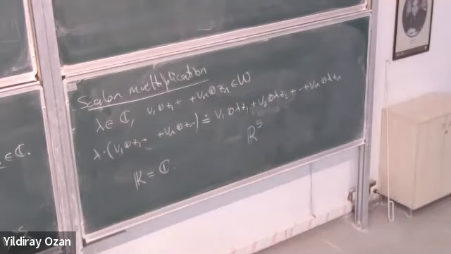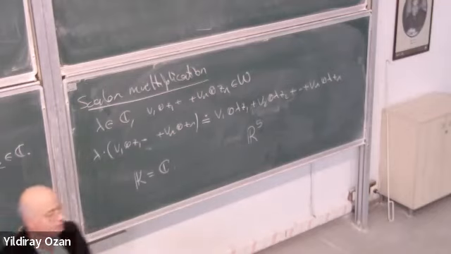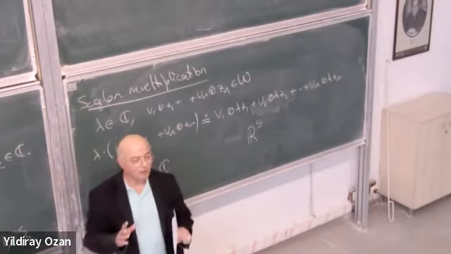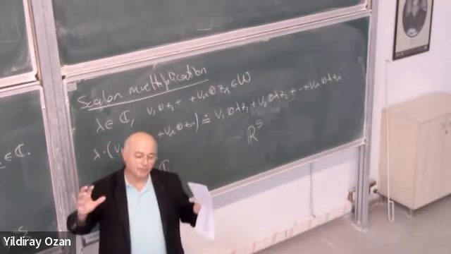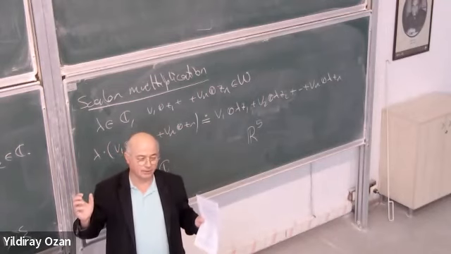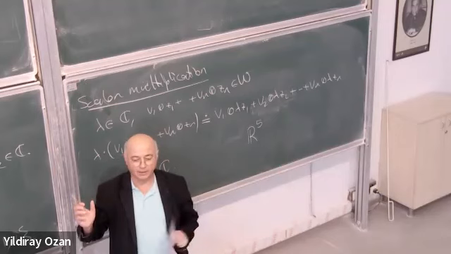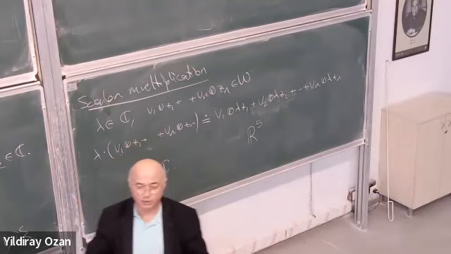This is how we define scalar multiplication. This gadget is already a vector space over R. But what we are claiming is more than that. We say that we may extend the base field to complex numbers. That's something actually very important.